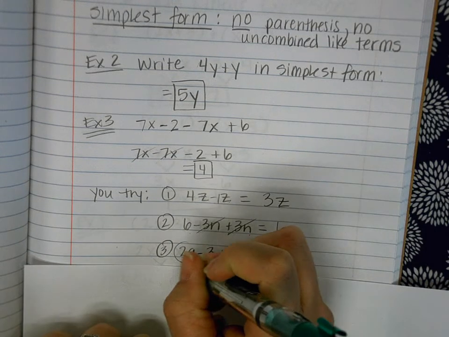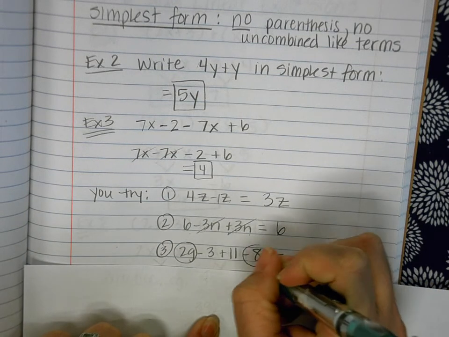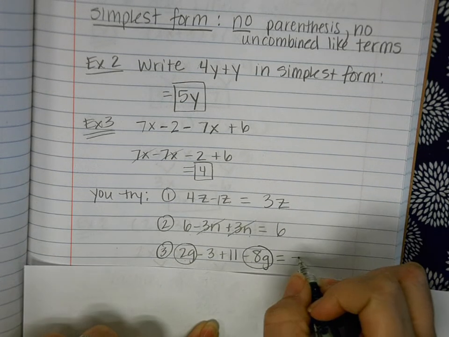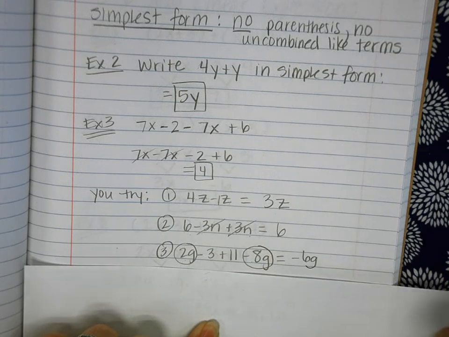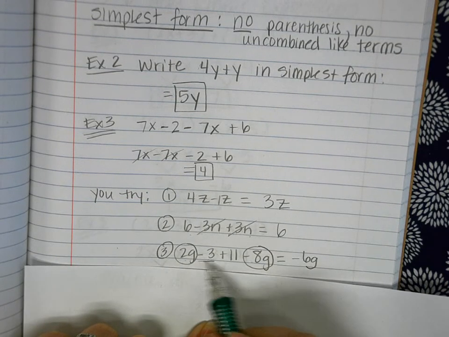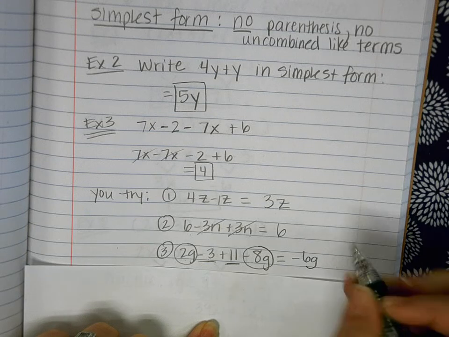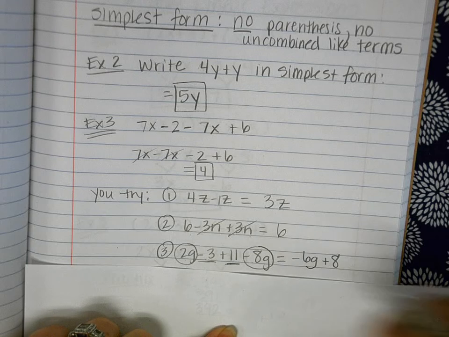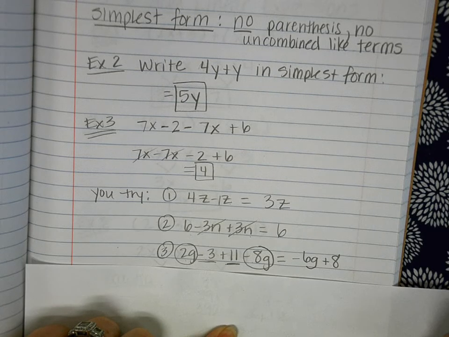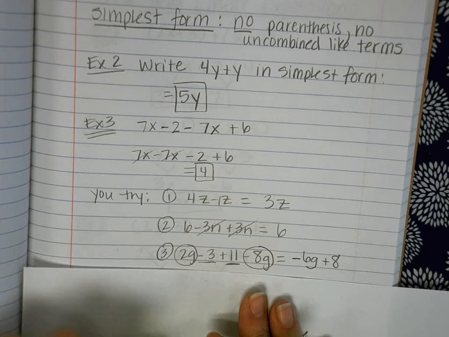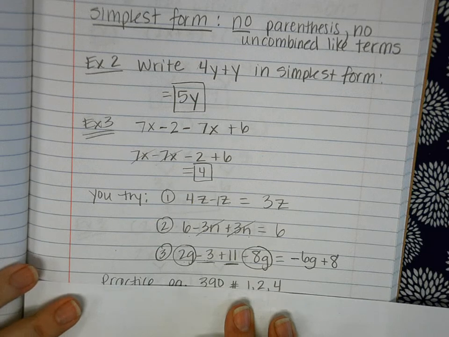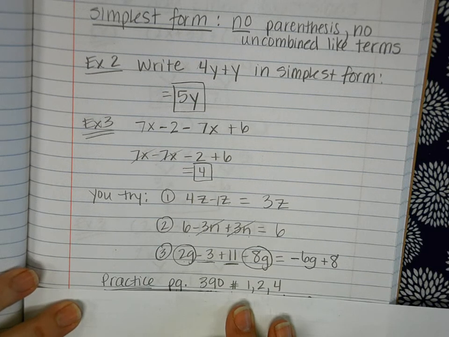We have 2g, right? I'm going to circle them. Minus 8g. What's 2 minus 8, class? Negative 6, not positive. What's negative 3 plus 11? 8. Good. It's the same thing as 11 minus 3, right? This is hard. You have to keep practicing. Okay, so here's what you're going to do. Page 390, 1, 2, and 4.